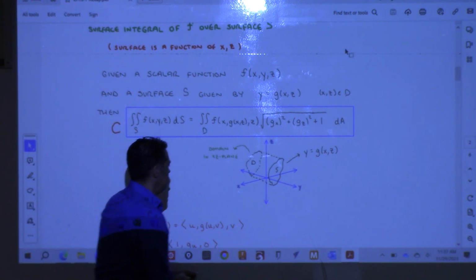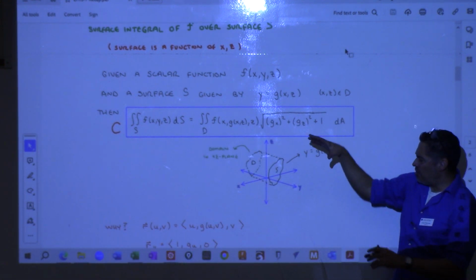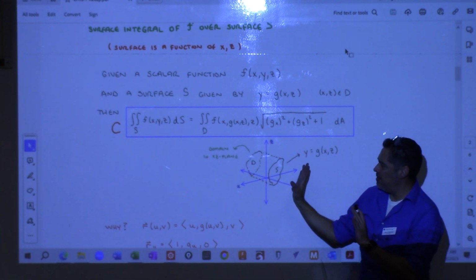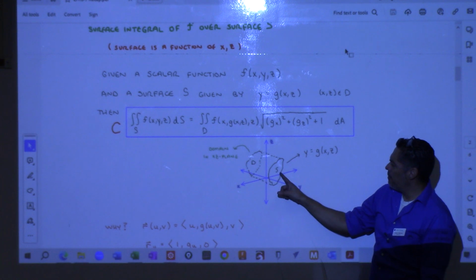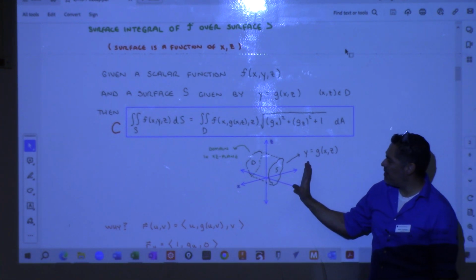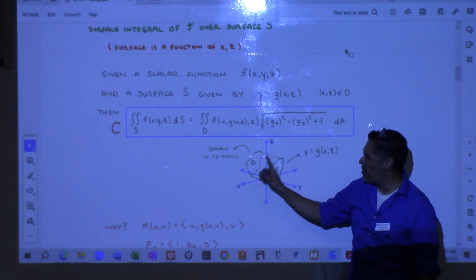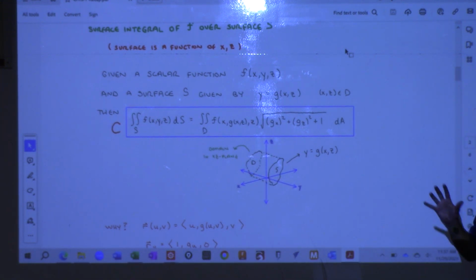Our surface, instead of being on top, is like this. So our surface is a function of what? The x and z instead. So if you project that surface onto the xz plane, your domain lives on the xz plane instead of on the ground. That's another special case.